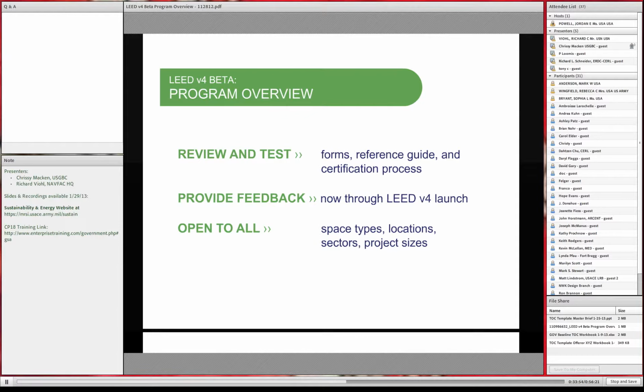We want our beta projects to provide feedback from now until the launch of V4, which we're expecting to be in November of this year. And we have it open to all of our rating systems and market sectors that are covered by V4, so all of our space type adaptations, whether they're healthcare, data centers, warehouses, all location sectors and project sizes.